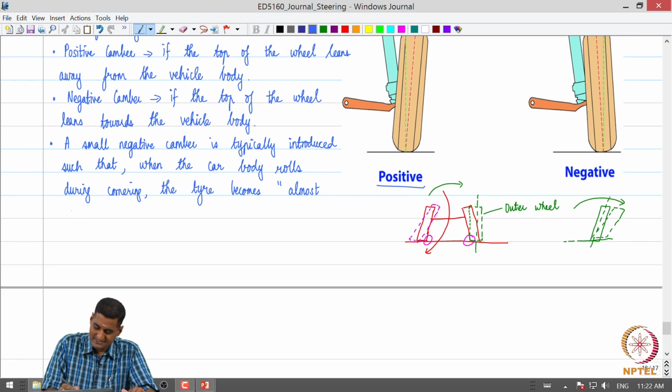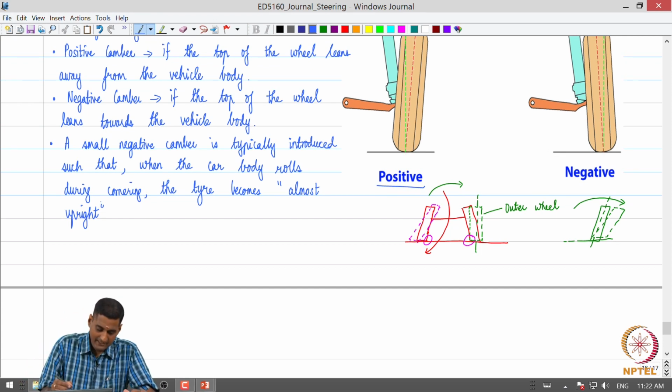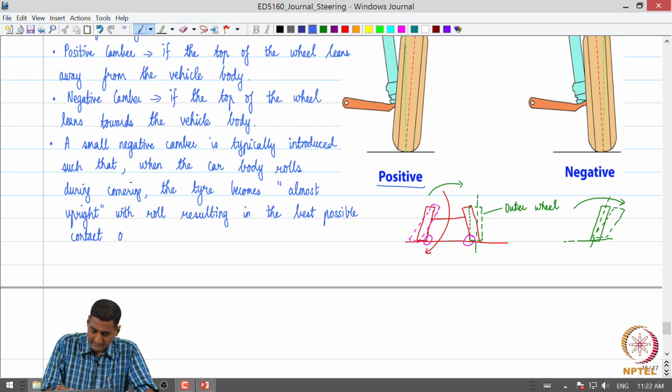Just a very qualitative, figurative usage. That is, the negative camber decreases and becomes almost upright with roll, resulting in the best possible contact area at the tire road interface.